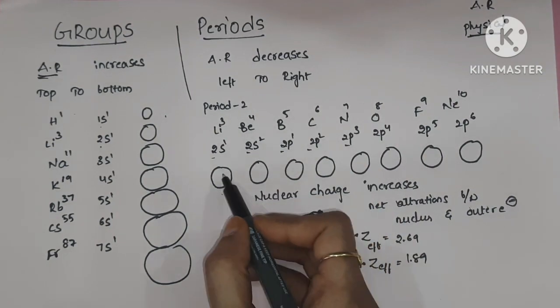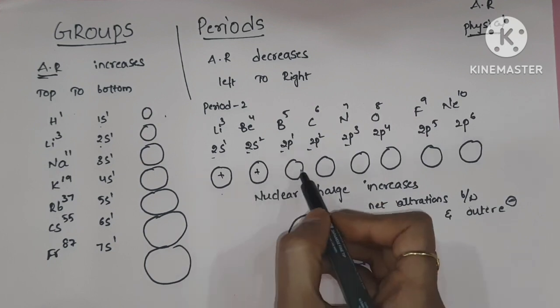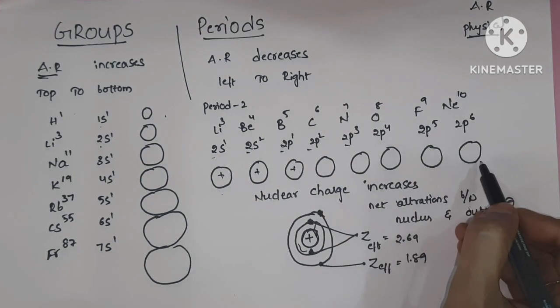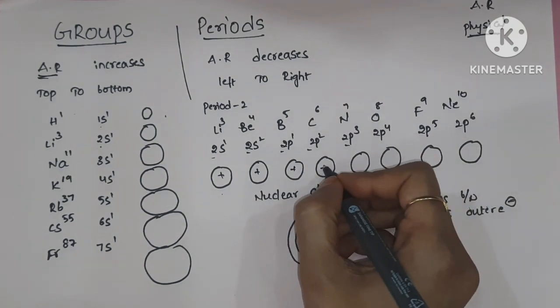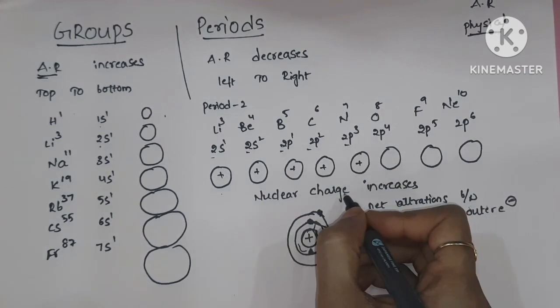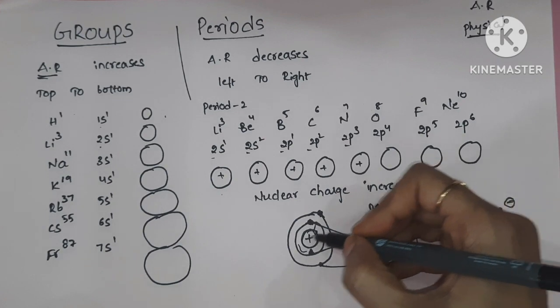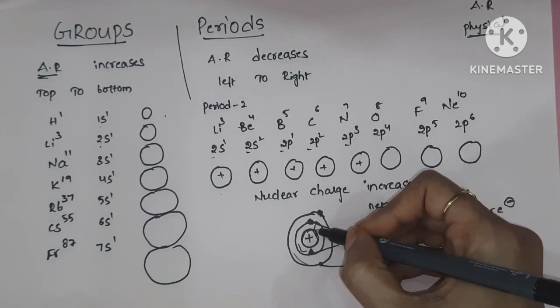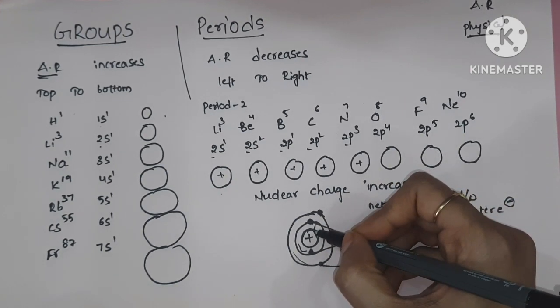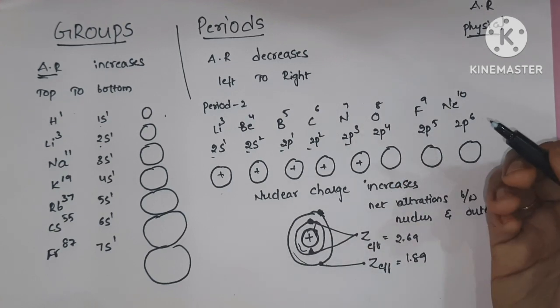In period 2, the size remains the same from left to right. So what happened here? The nuclear charge attraction increases. Why? Because the size is small, so the attraction between the nucleus and outer electrons increases.